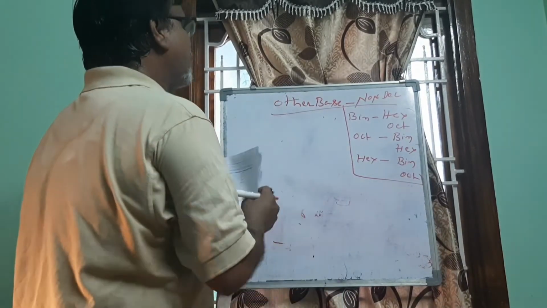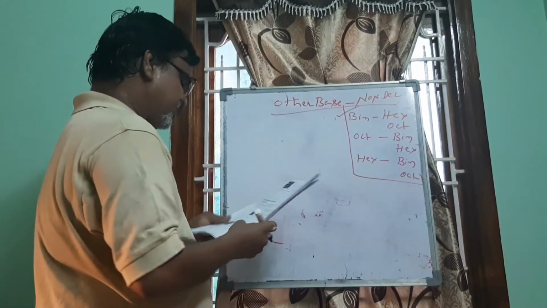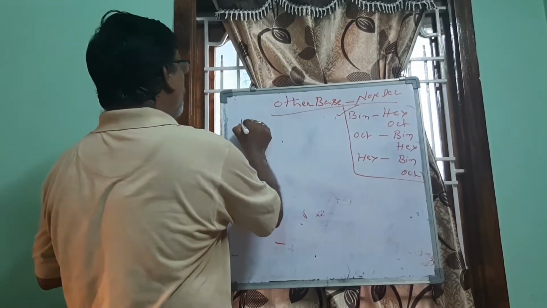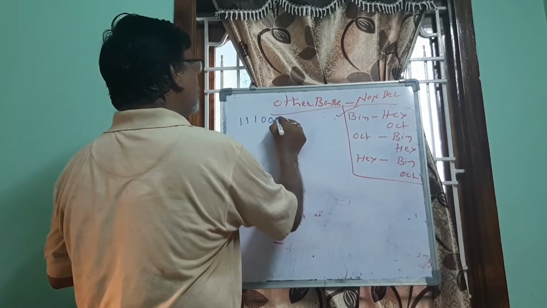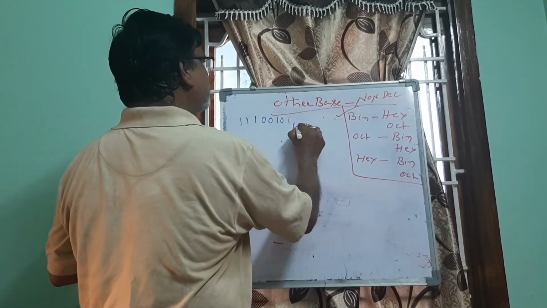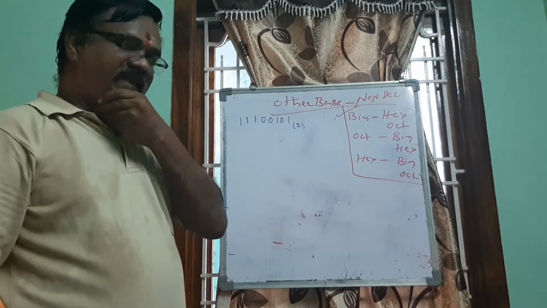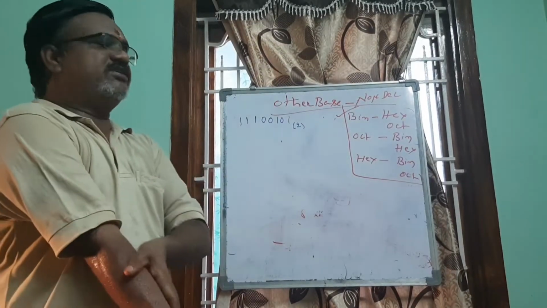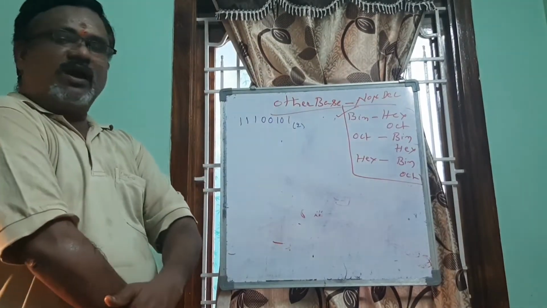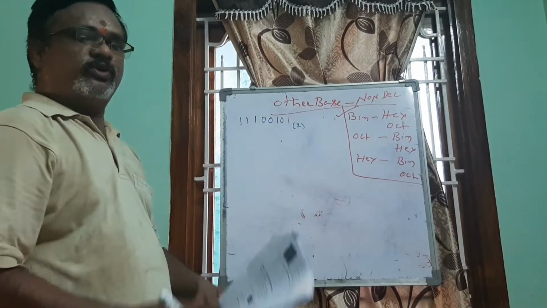First we take binary to hexa or octal. You take 11100101 base 2. In the previous video, when I explained converting other base to non-decimal, I told you two procedures.